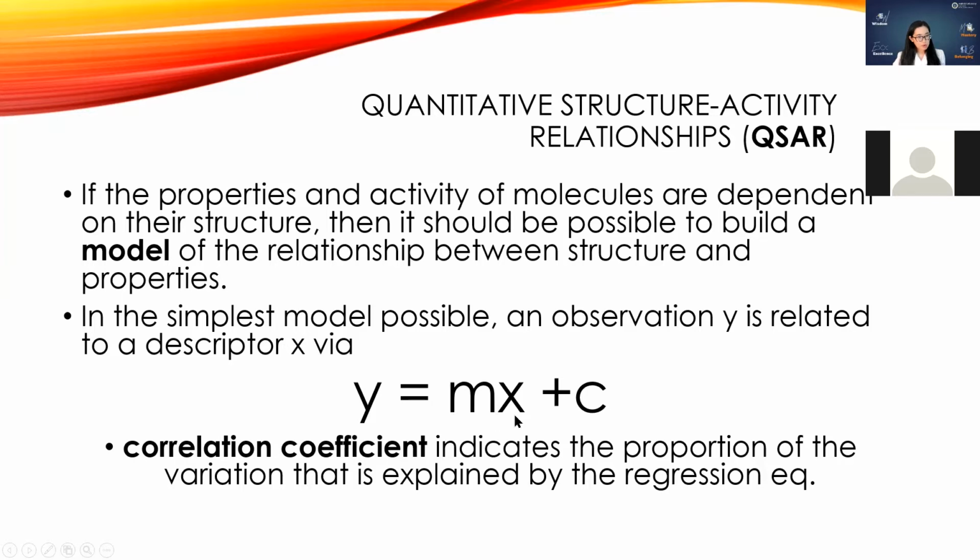And if you know the value of x, you can predict the value of y. If the activity is small, there is a certain number. If the activity is large, there is a certain number. If you know the value of x, you should be able to predict the value of y, as in whether the activity should be better or worse.